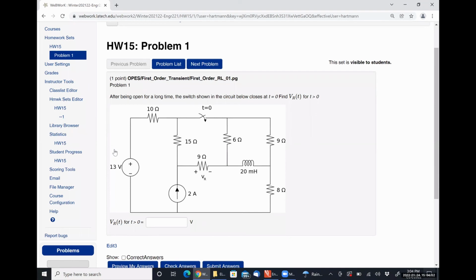So if we look at this problem here, pretty similar to what we just did. At t is equal to 0 minus, we have 3 meshes that we're interested in. I'm too lazy to count the number of nodes, but it's several. And at t is equal to 0 plus, we have 4 meshes and 1 less node. Analyzing this circuit doesn't particularly make you any better at performing the operations of transient analysis. It makes you better at applying nodal and mesh.